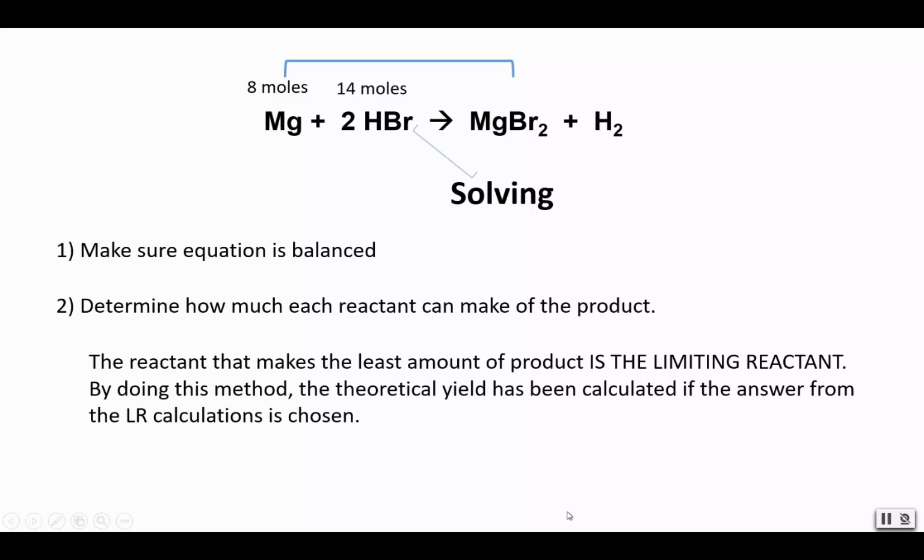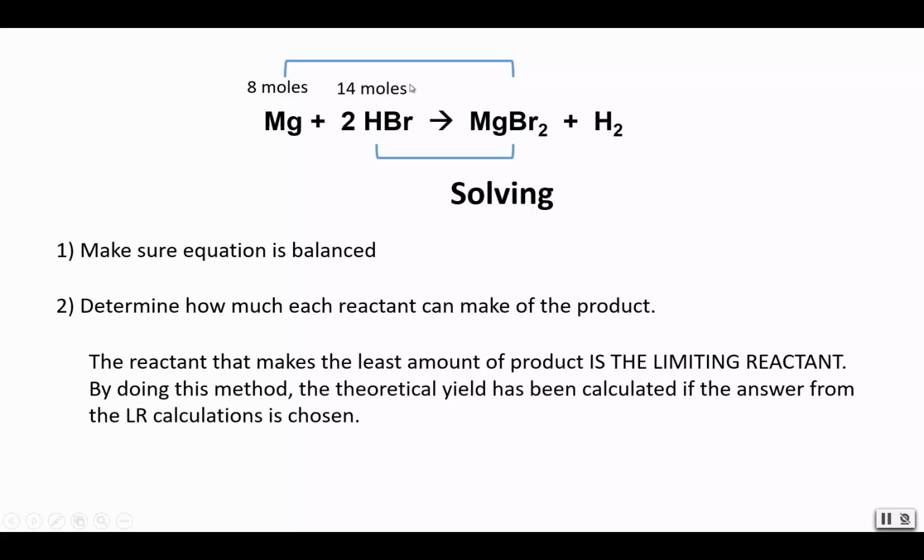And then I'm going to ask how much can 14 moles of hydrobromic acid make of magnesium bromide. These calculations I'm setting up are the same thing you did in stoichiometry. It's just I need to determine how much each of those reactants can make. The one that makes the least amount of product is the limiting reactant.